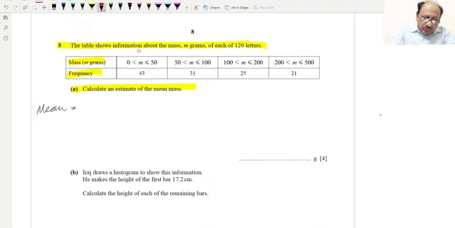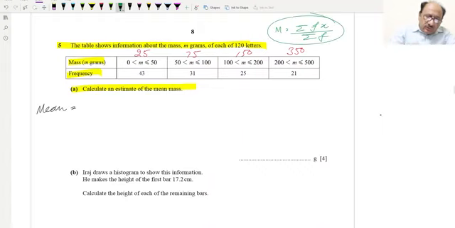The mid of this range is 25, similarly this will be 75, this will be 150, and this will be 350. Now we multiply these with the frequencies. The formula we'll be using is mean equals sigma fx over sigma f.